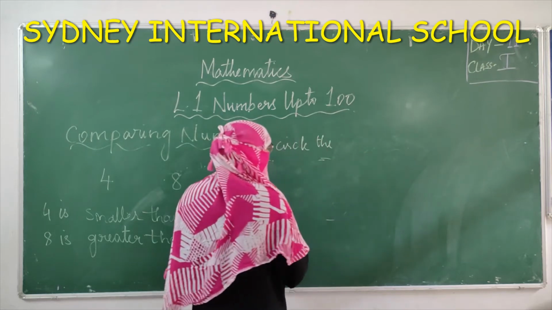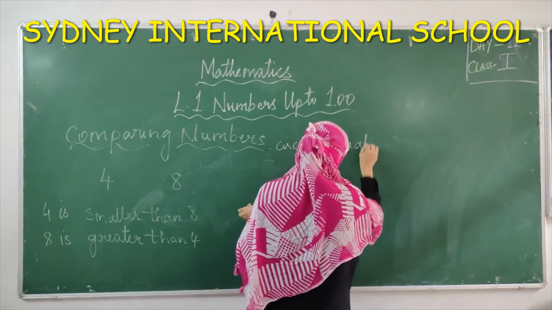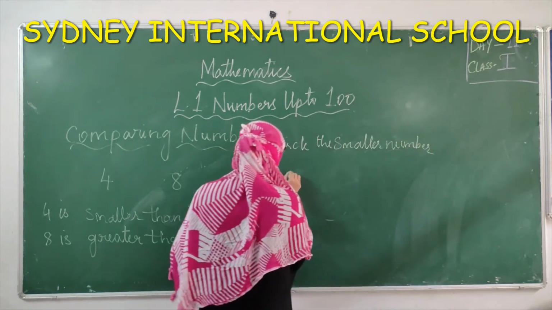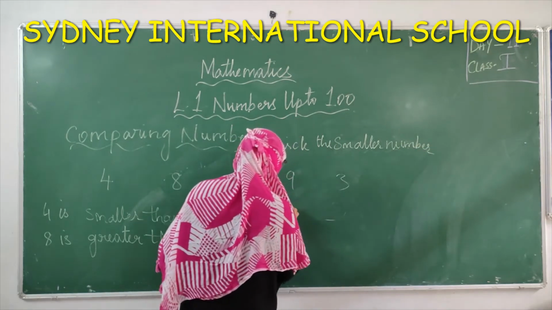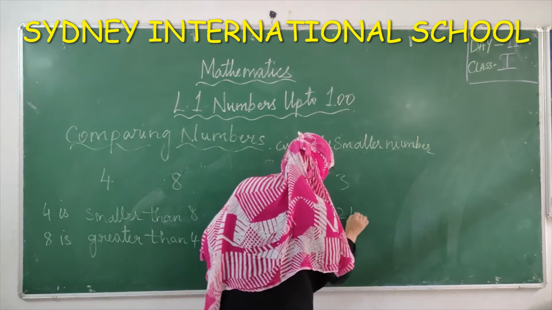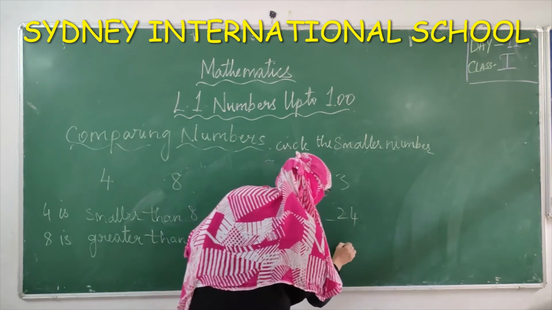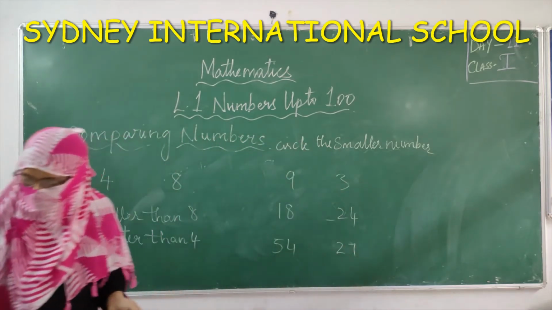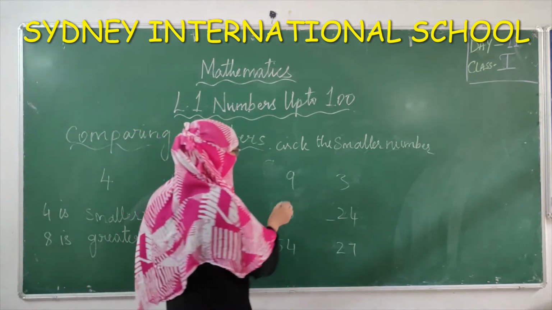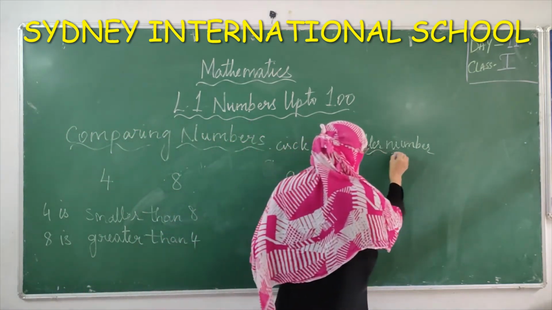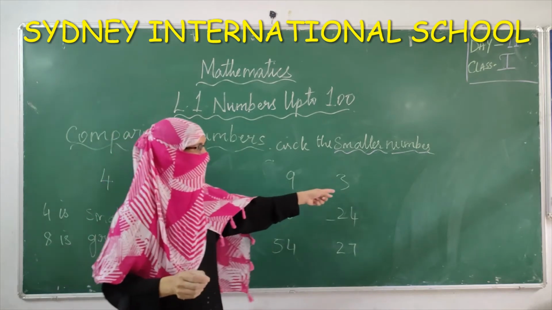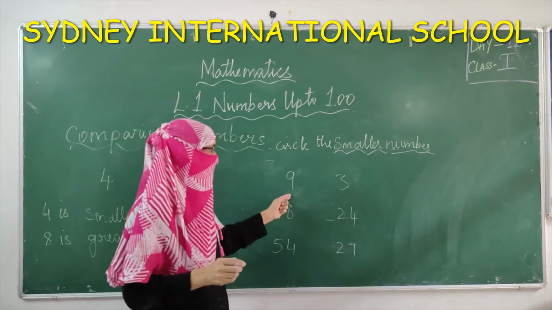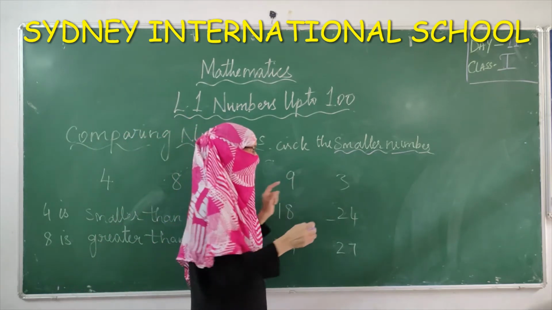Now, circle the smaller number. Here 9 and 3 is there. Compare these two numbers and tell me which is smaller. 9 is smaller or 3? Yes, 3 is smaller.